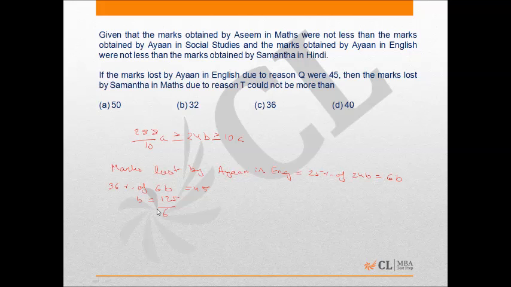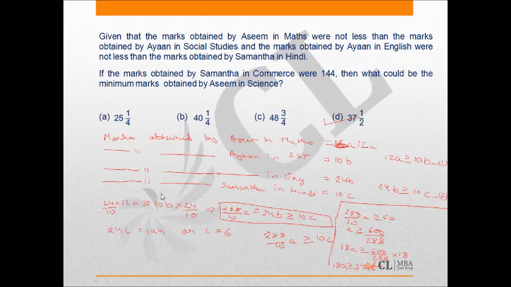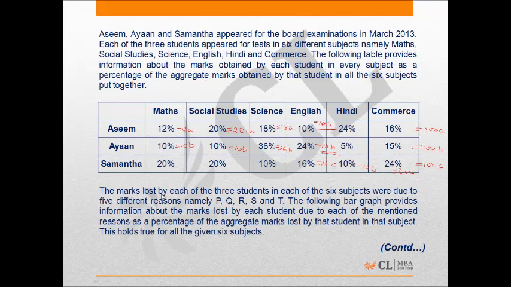Now, the marks lost by Samantha in maths due to reason T could not be more than what? I have to find out marks lost by Samantha in maths. Samantha got 20C marks in maths.